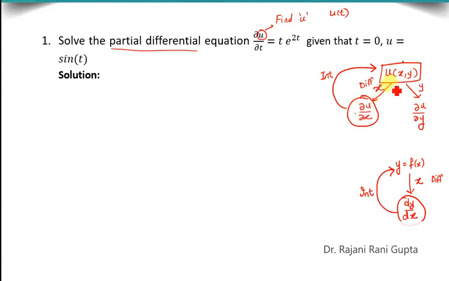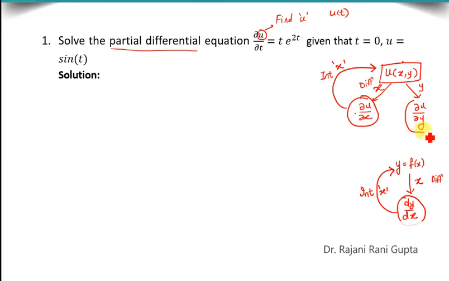Now when it is a function of two variables, when we are differentiating with respect to x, we integrate with respect to x only. If we have a partial derivative with respect to x and we want to return to the original function, we integrate with respect to x.